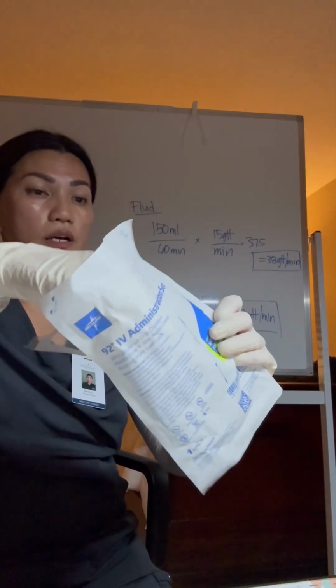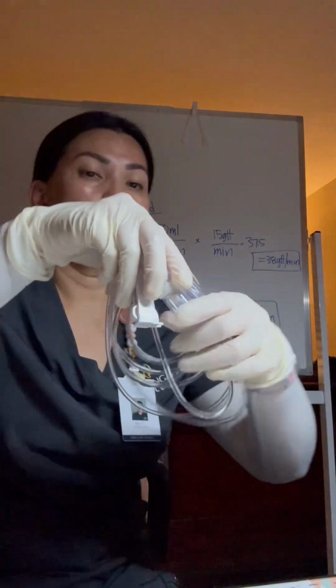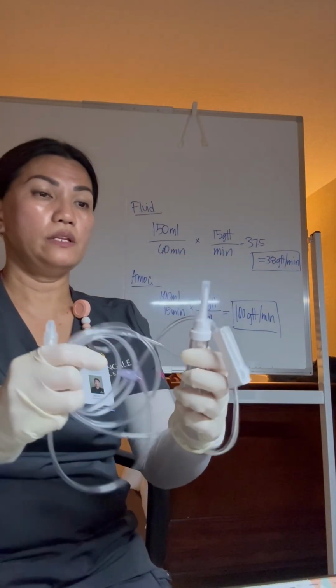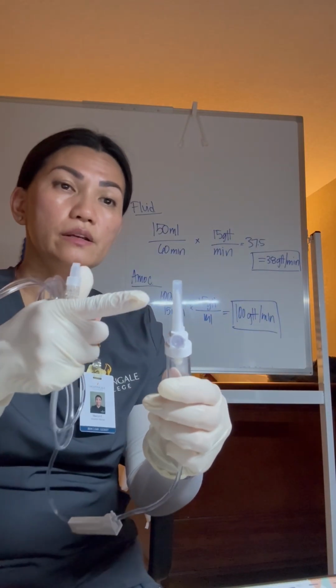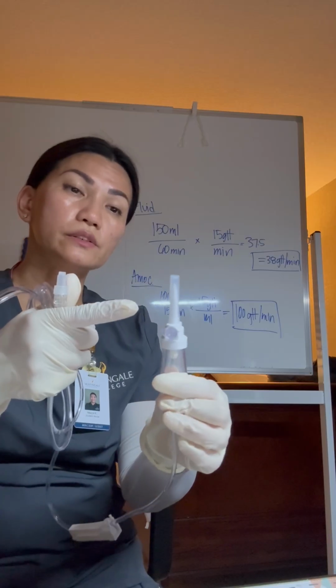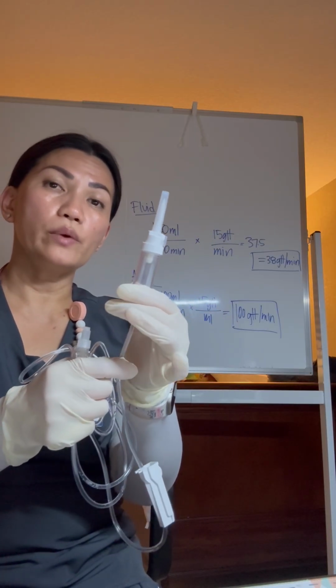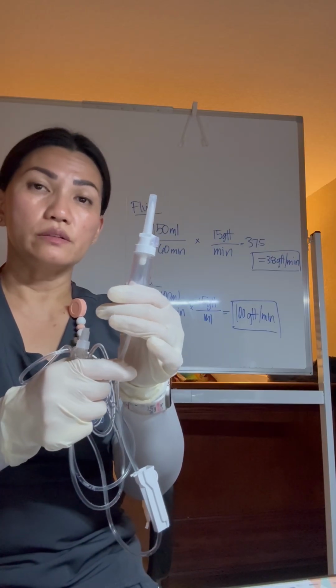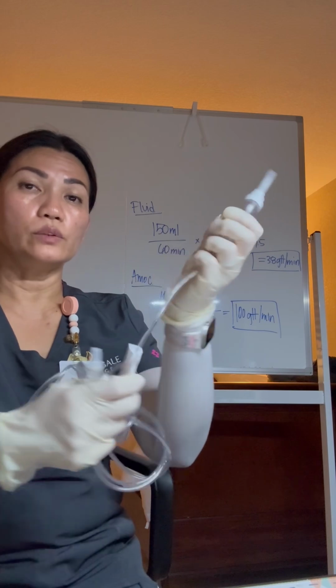I'm gonna take my administration tubing. All right. So we have our spike right here. It's covered, it's sterile. And then we have our chamber here. We're gonna fill it halfway. This is where we're gonna be also controlling the drip factor. We have our roller clamp.